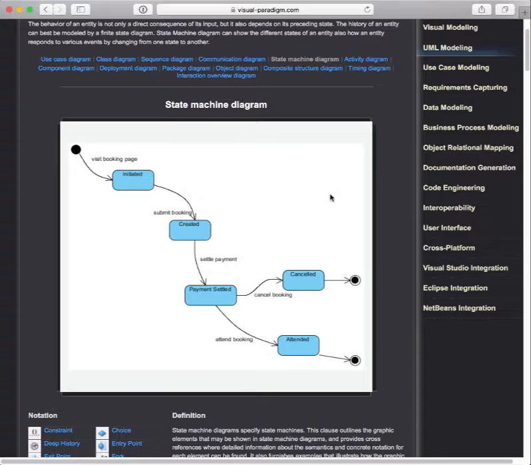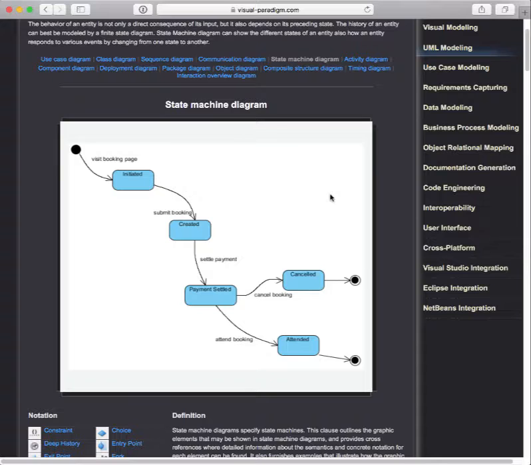If you're going to have any action, it's going to be one of these trigger actions that becomes a label for the flow line, like visit booking page, or submit booking, or settle payment. All those things are action oriented, right? And then initiated, created, payment settled, those are all state oriented, right?